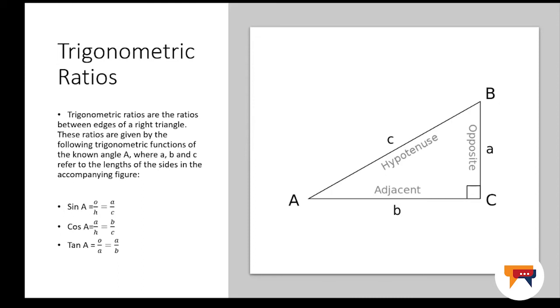Looking at our triangle, sine A is the opposite over the hypotenuse, which in our right-angled triangle is A divided by C. And then we have the cosine of A, which is the adjacent divided by the hypotenuse, represented by B divided by C. And then the tangent of A is the opposite divided by the adjacent.